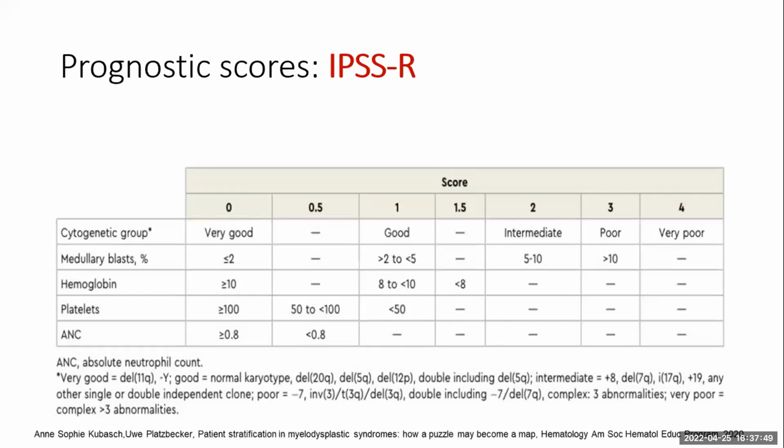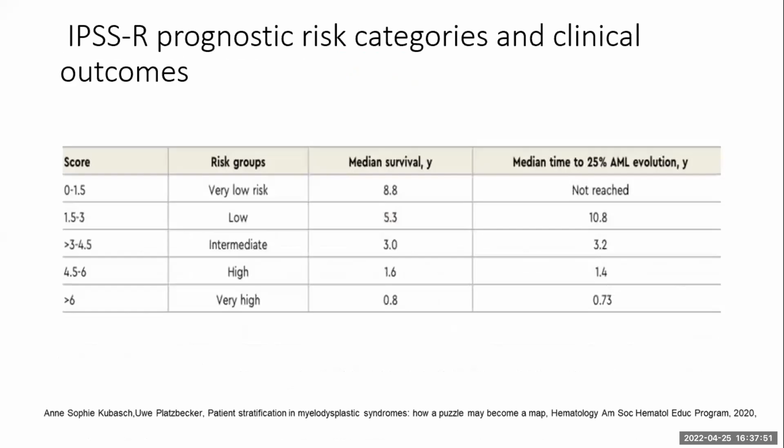According to this scoring system, the patients are then grouped into 5 different risk categories, very low to very high. Looking at overall survival, those scored as very low risk approach almost 9 years median survival, and those with very high risk have less than a year survival.